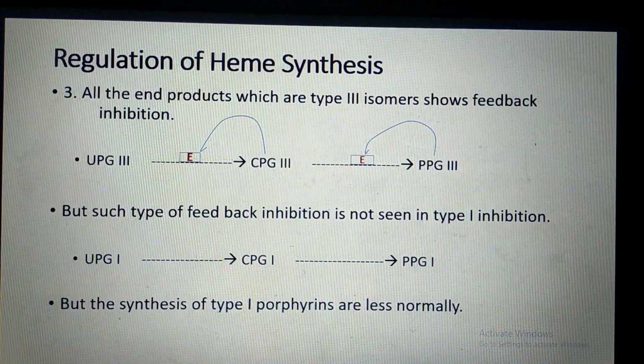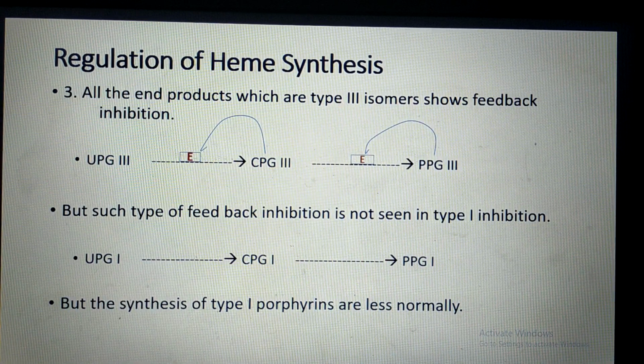Next regulation is by feedback inhibition. We have seen uroporphyrinogen 3 is converted to coproporphyrinogen 3, and coproporphyrinogen 3 is converted to protoporphyrinogen 3. Whenever the concentration of product increases, it inhibits the enzyme by negative feedback mechanism and stops its own synthesis.